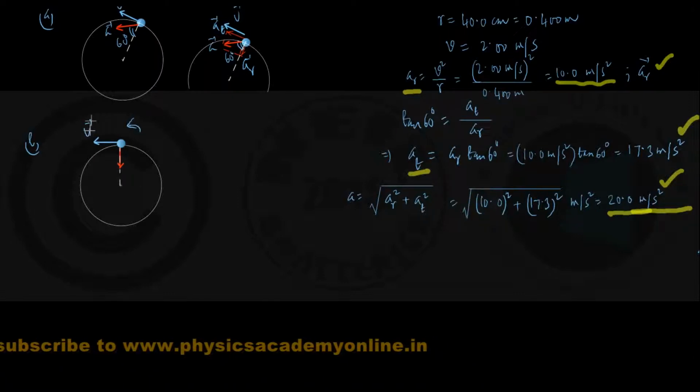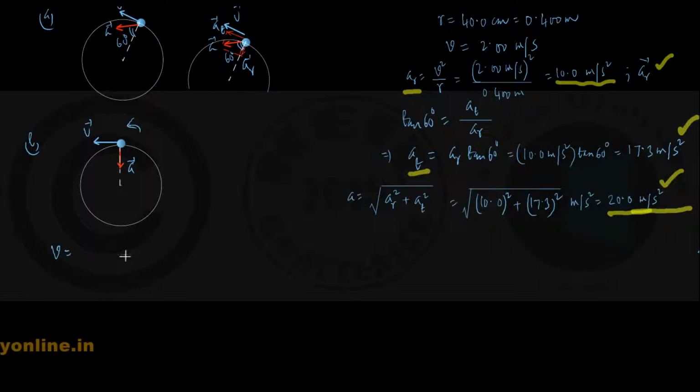This is the v vector, this is the total acceleration, and they have further given the instantaneous speed at the given instant, that is 3.00 meters per second.